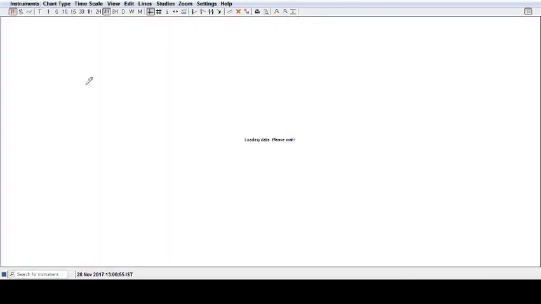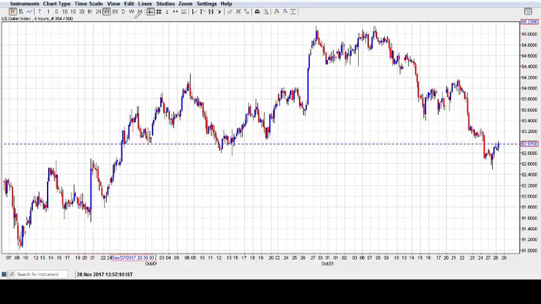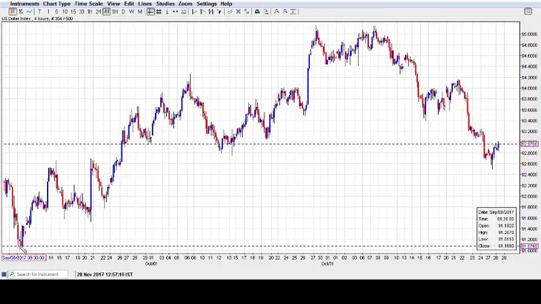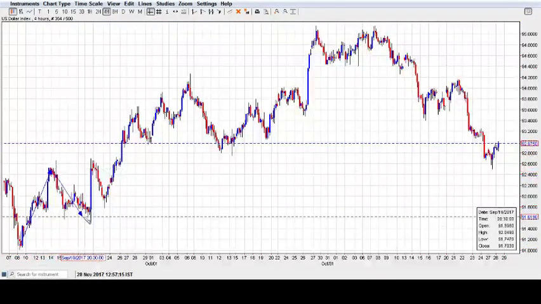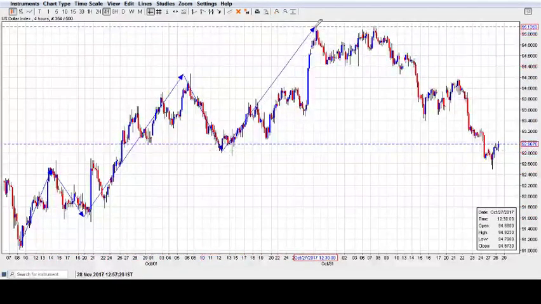Dollar index. Dollar index has not let us down actually. I would say a wonderful job after producing an impulse wave 1, 2, 3, 4, and 5.